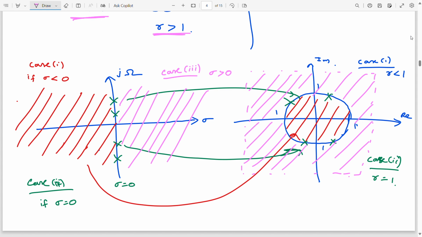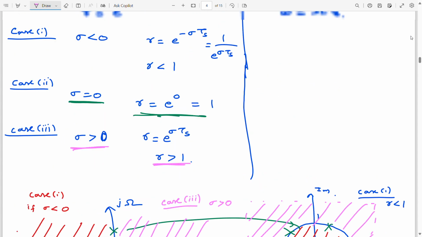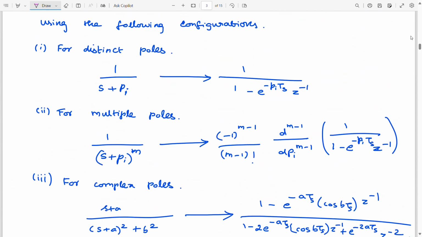So this is how the mapping of poles and zeros on the S plane to the Z plane can be done. And here we have represented three cases. Either the poles may be having only one distinct value, or multiple poles can be located on the same locations.